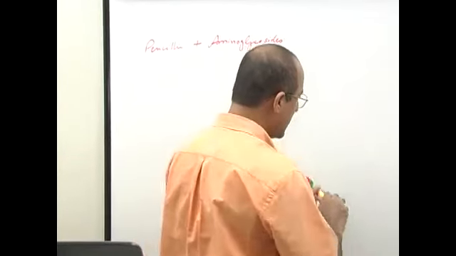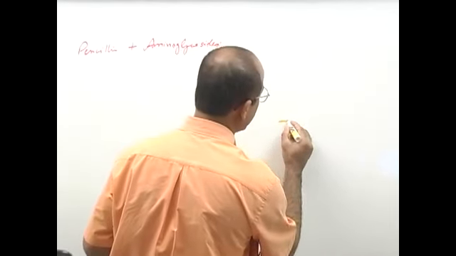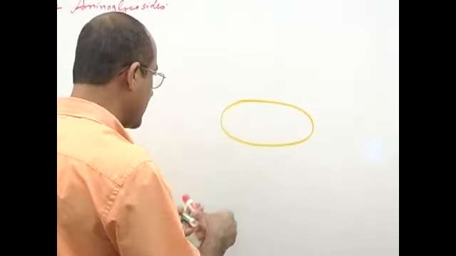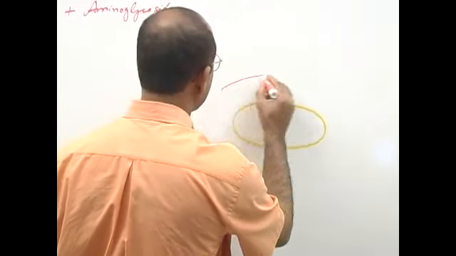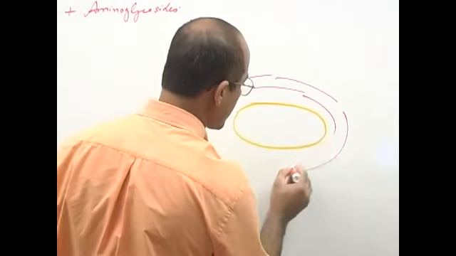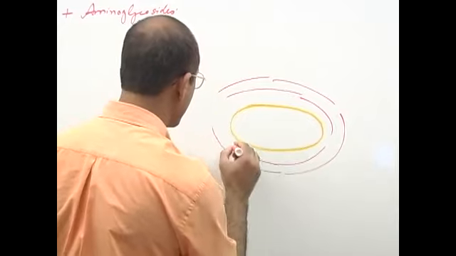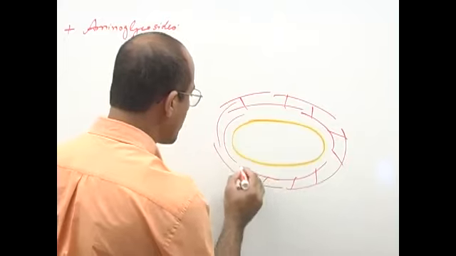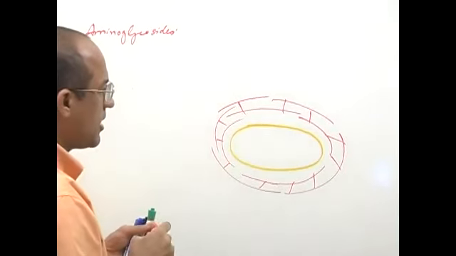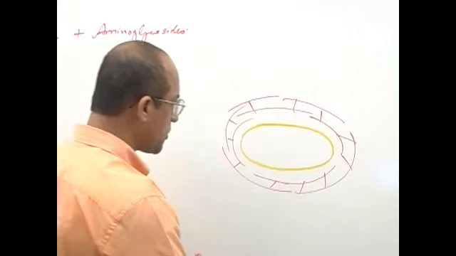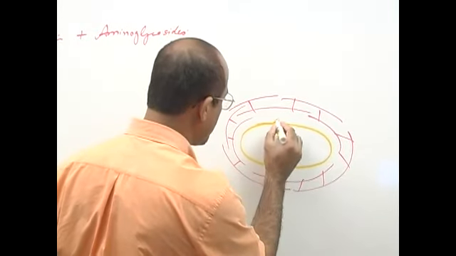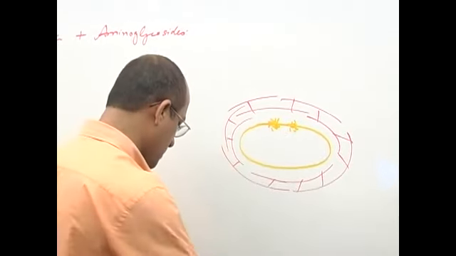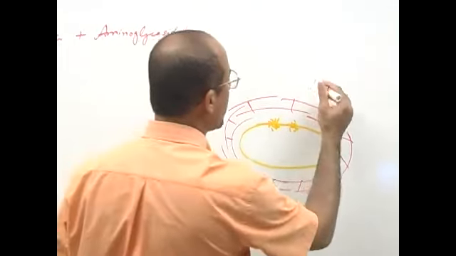You are right. If this is the inner bacterial cell membrane, and here is your bacterial cell wall, peptidoglycan cross links, there are special transporters in the bacterial cell membrane.